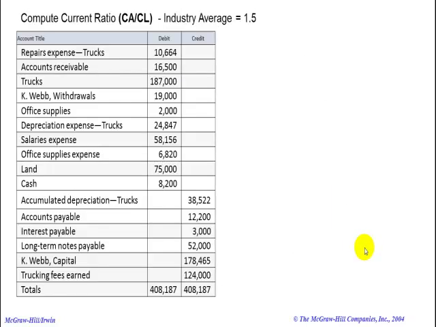And then finally, from this problem, I've got a completely different set of trial balance account numbers, and I'm going to compute the current ratio. Current ratio is current assets divided by current liabilities. Current assets will be accounts receivable, and I'm just doing them from the top down.